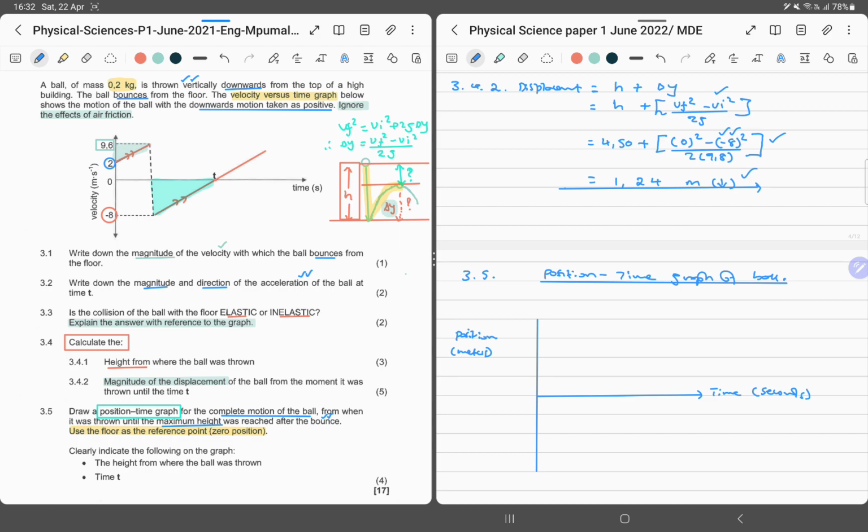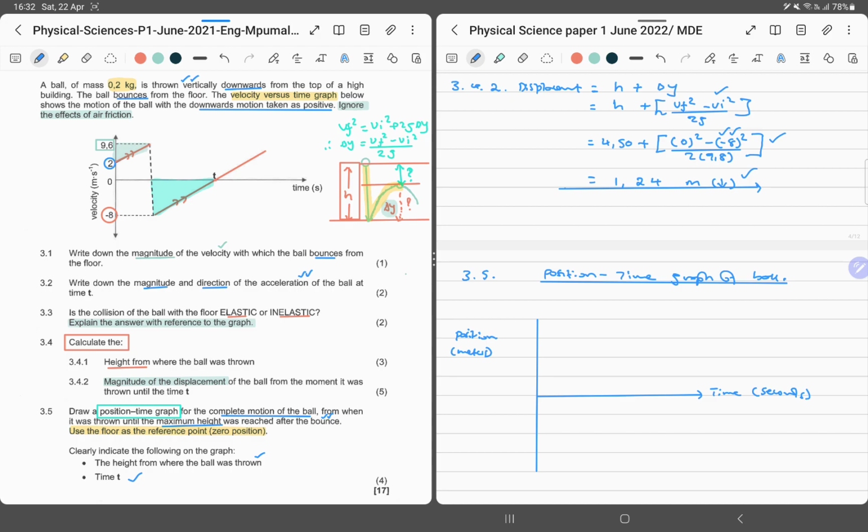Now I'm trying to think, what is the story here? If we use the floor as 0 position, okay, let me think a bit. It says now clearly indicate the following on the graph: the height from which it was thrown, okay, and the time t. Okay, great. Only 2 things we have to show here.